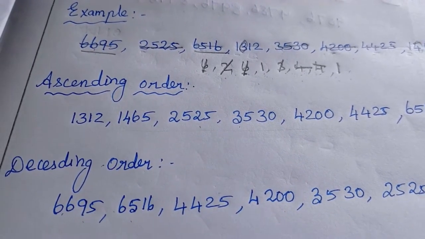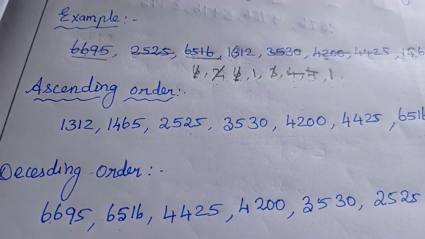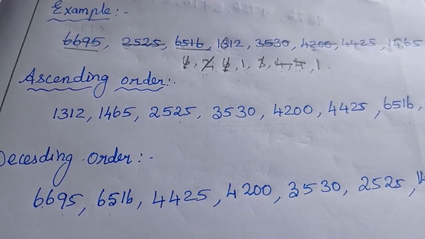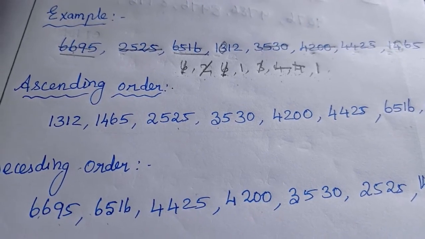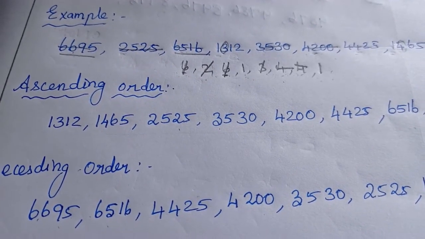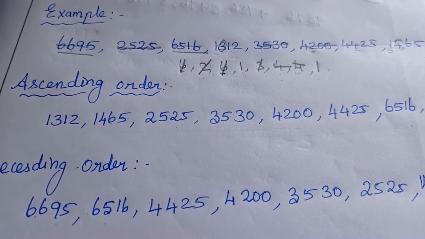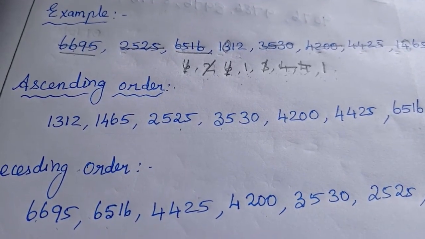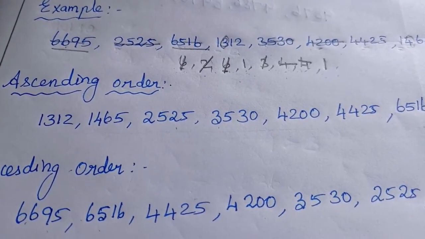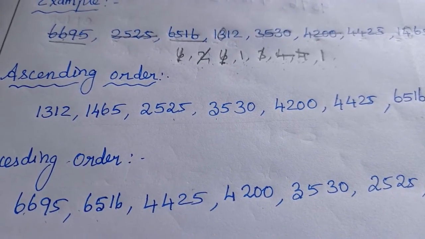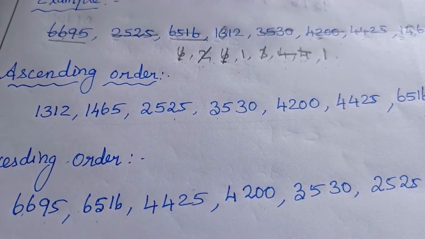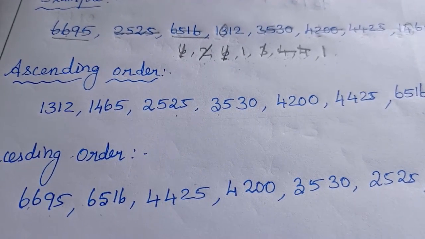If the highest place values for both numbers are the same, again check their next highest place values. Whichever is the smaller one, write the smaller number first. And children, next find the next smaller number. So again you have to check their place values and so on.